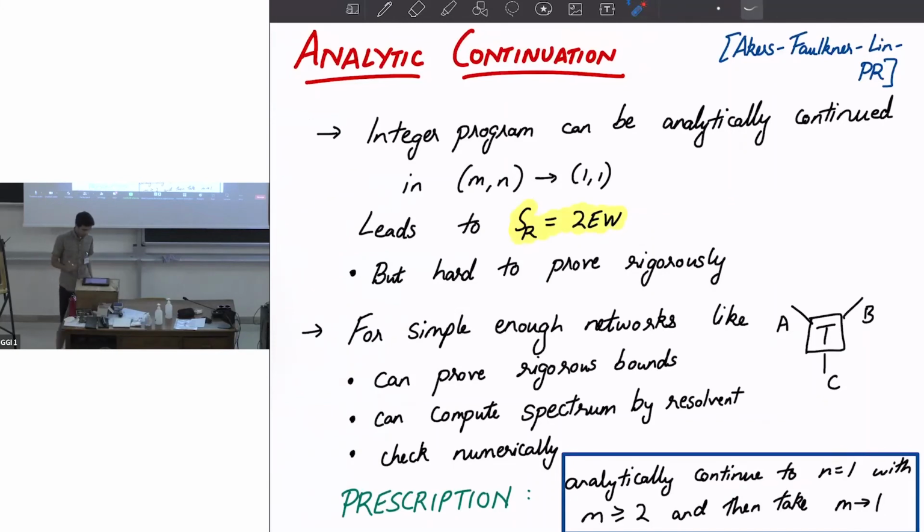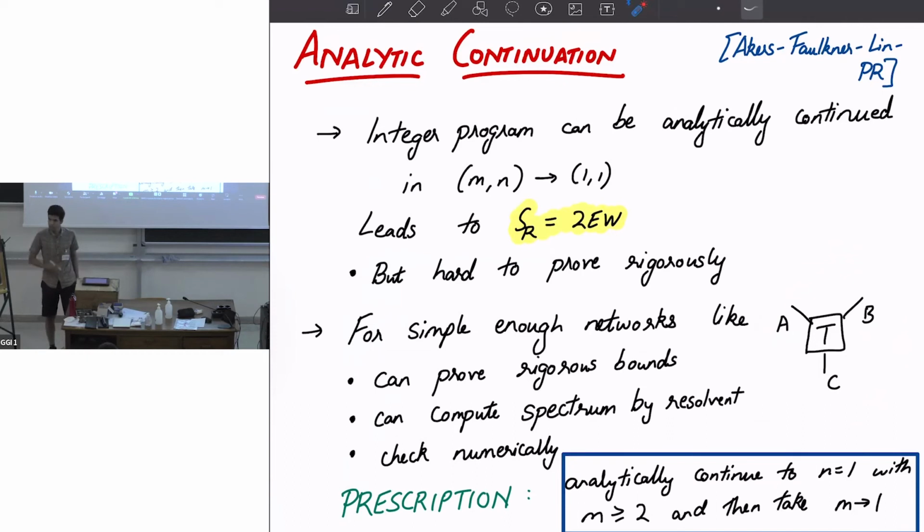Once you have that, you can do this analytic continuation. It gives you twice the cross section. There are some issues with proving it rigorously, but at least for some simple class of networks, such as one tensor, which is just a random tripartite state, you can do a lot of things.